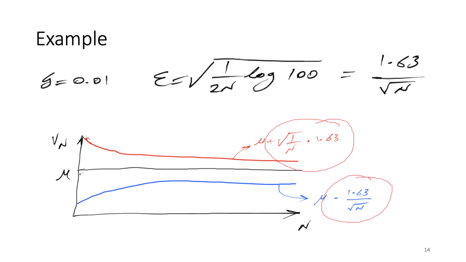Say that again? Mu plus epsilon. Yes, so I'm just asking, do you know concretely how we can call these two lines, the blue and red? I mean, later in this lecture we're going to see. Because using Chebyshev, we're going to have that range, right?